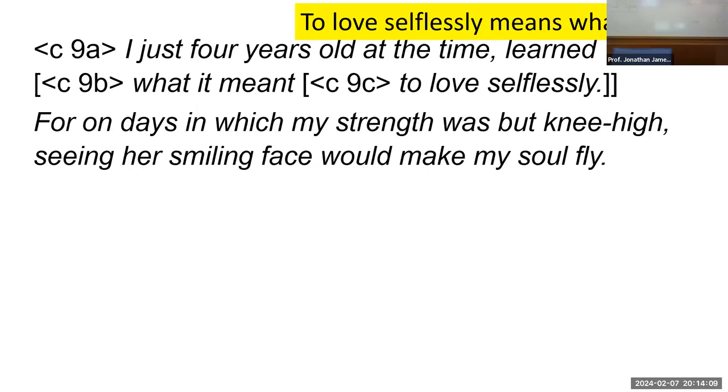So it fills this grammatical slot, basically functioning like a nominal group, a noun phrase. And inside this is, again, learned what it meant. This whole clause is telling us what was learned.